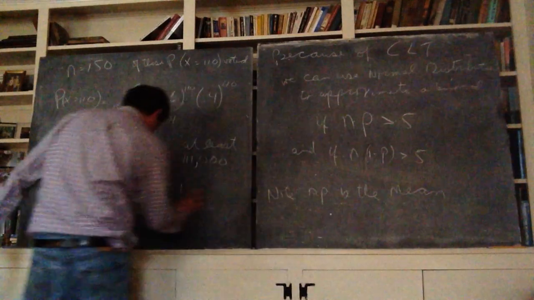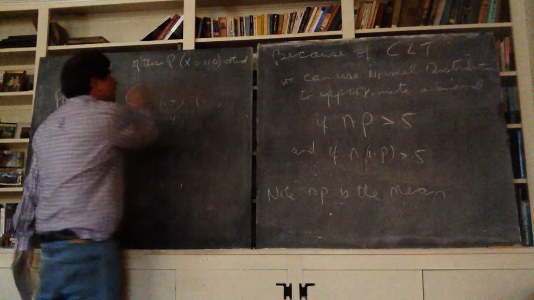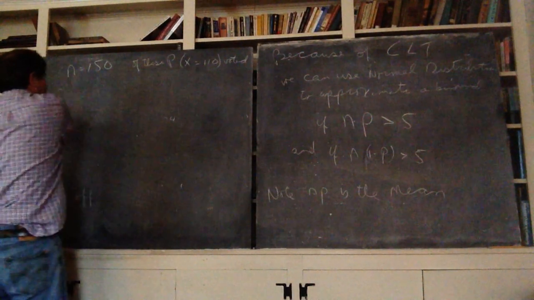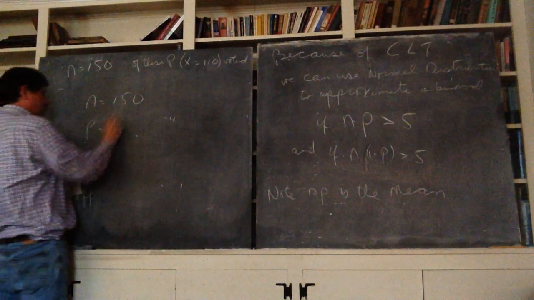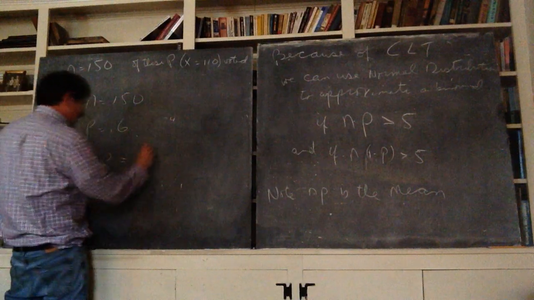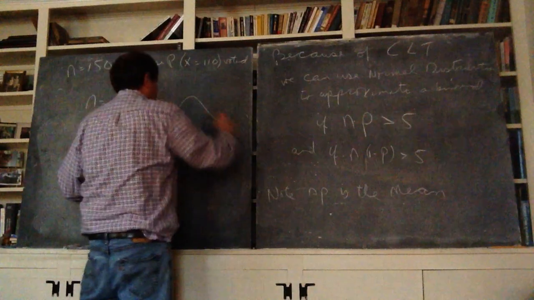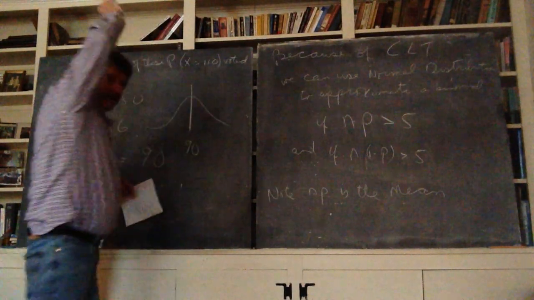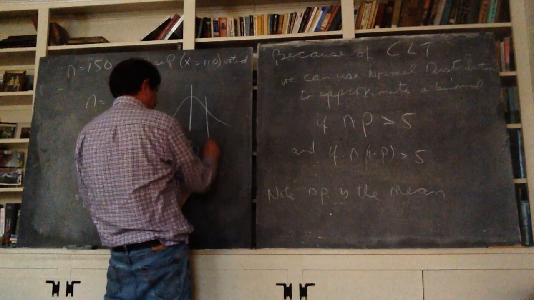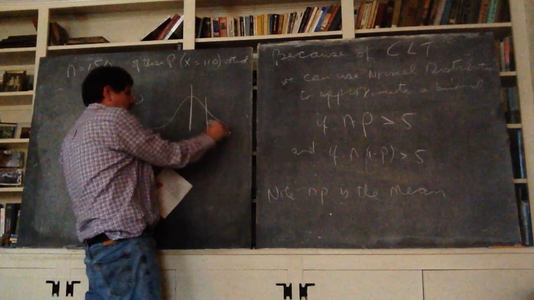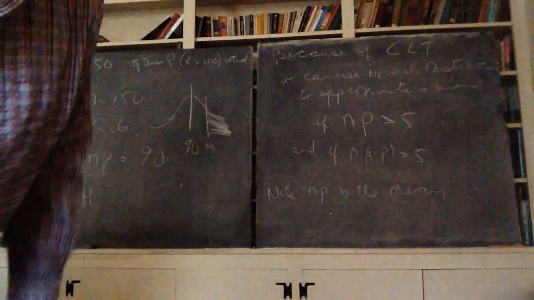Here we have 60% of 150 people. N is 150. P is 0.6. N times P is 90. We are going to be drawing a curve where the mean is 90. And then really, what are we looking for? 110. We're going bigger or lesser, depending on what the problem says.